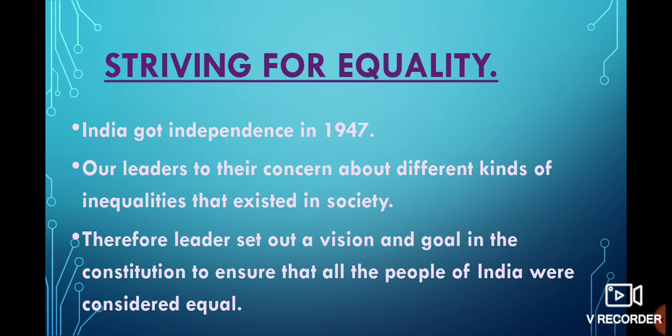Therefore, leaders set out a vision and goal in the constitution to ensure that all the people of India were considered equal. This is the reason why the constitution was formed, so that there would be no inequality in society.